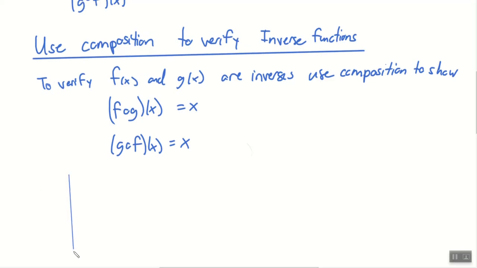So I want to make two tables for our functions while you guys keep writing. We had x, and then we had f of x equals, Declan, what was it? Look up above on your paper. 3x, minus 5.